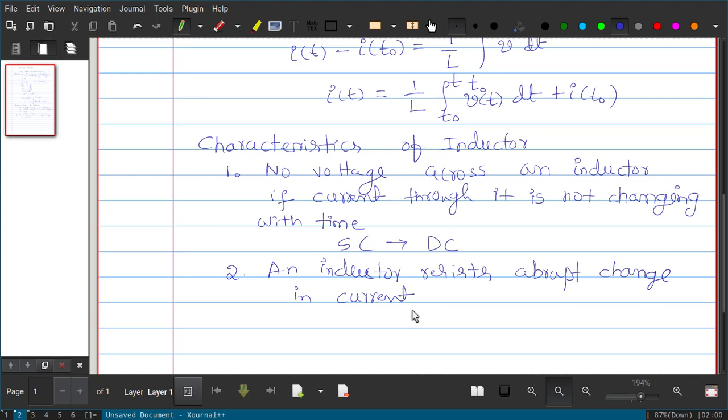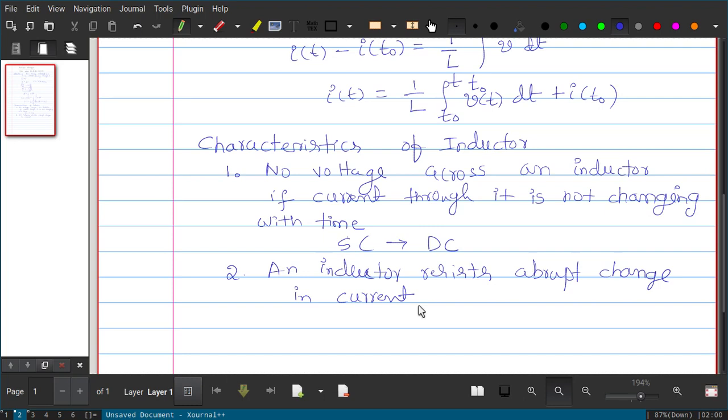So what does it mean? If a current I naught is flowing through an inductor at t equal to 0, and if you want to change the current through it at t equal to 0, what happens? Soon after you apply the external force, that is at t equal to 0 plus, the current through the inductor will not change.